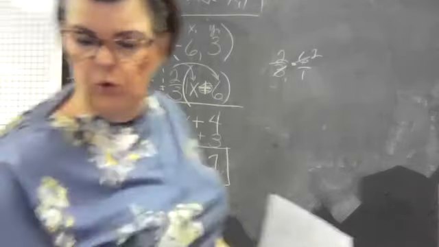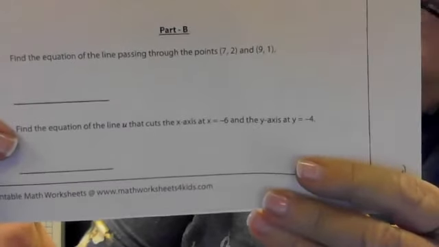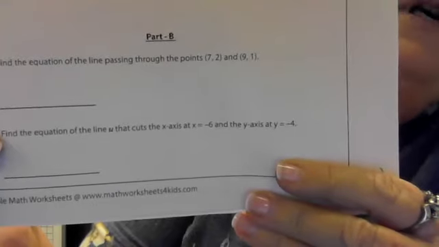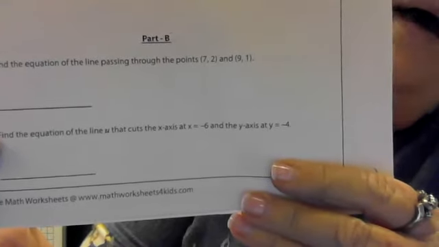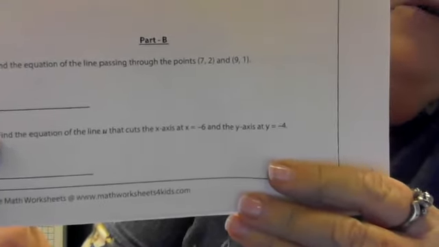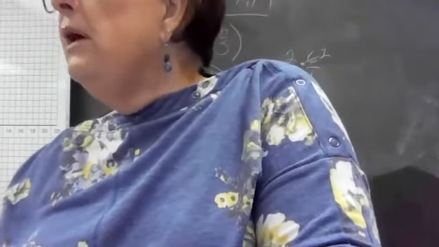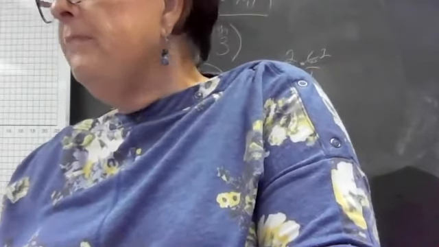Find the equation of a line that cuts the x-axis at x equals -6 and the y-axis at y equals -4. So what? Cuts? That means intersects. And we talked about intercepts, x-intercepts.